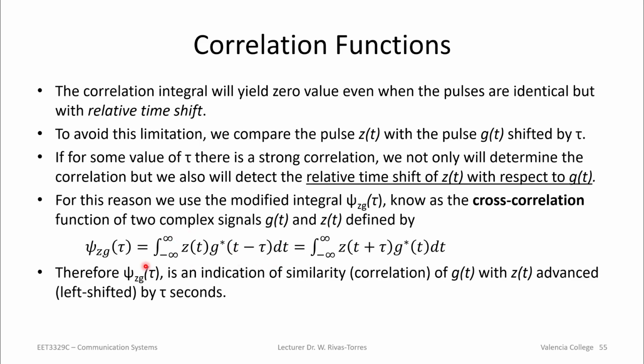But this is the expression; you can use either one. And the idea here is to not only determine how much correlation you have, but also to determine the delay.